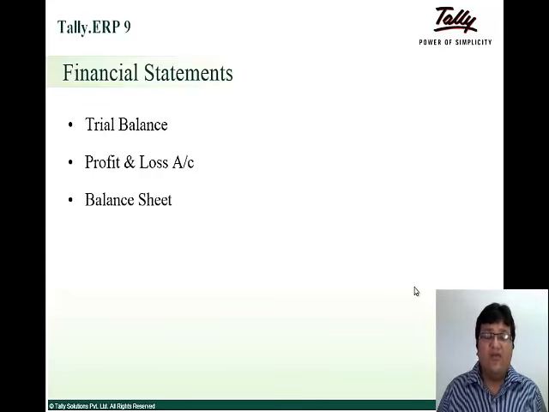Profit or loss account. What is a profit or loss account? Profit or loss account is basically divided into two parts. One is the trading account and the next is the profit or loss account. The trading account gives you information related to all your business related incomes and expenses which are directly related to your business, like the purchase account, the sales account, the opening stock, the closing stock.